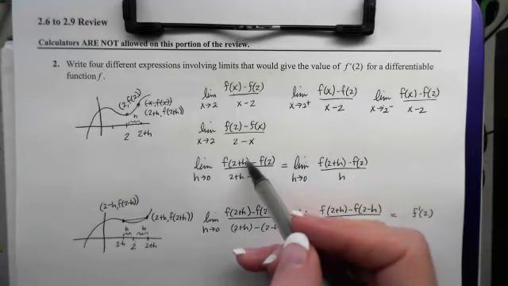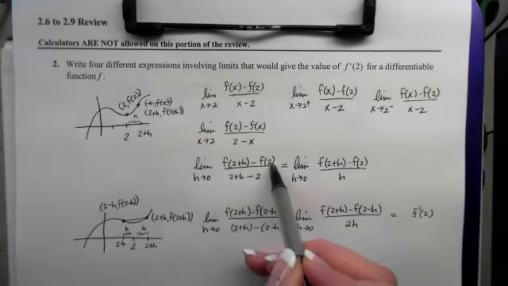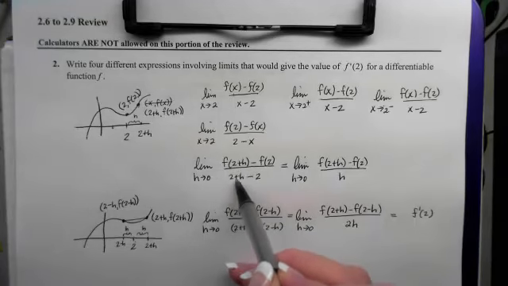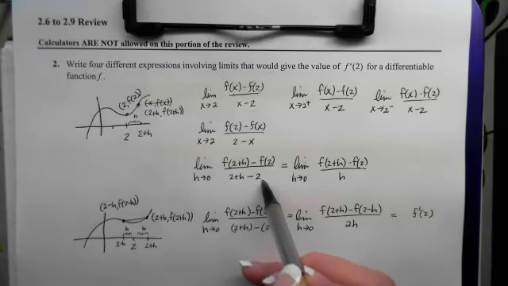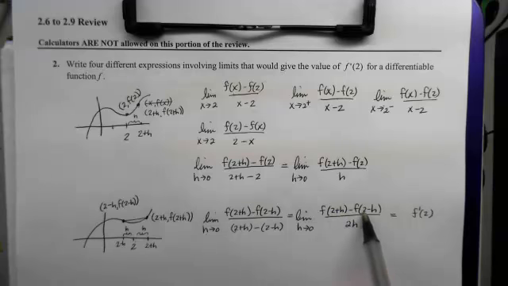So if we look here again, you can see that the x-coordinates are 2 plus h and 2, so on the bottom I better have a 2 plus h minus 2, and that's where the h comes from.